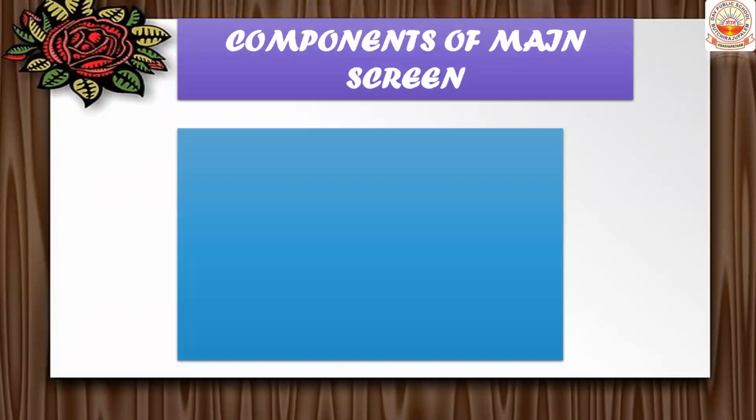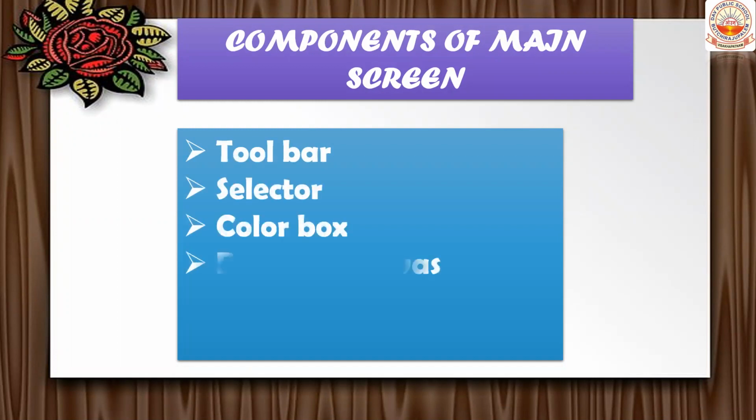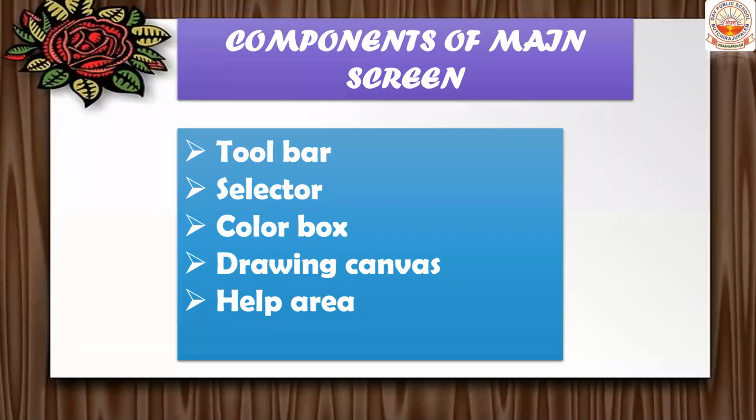Now let us see the components of the main screen. The first component is toolbar, then selector, color box, drawing canvas, help area. So these are the components of the main screen: toolbar, selector, color box, drawing canvas and help area.